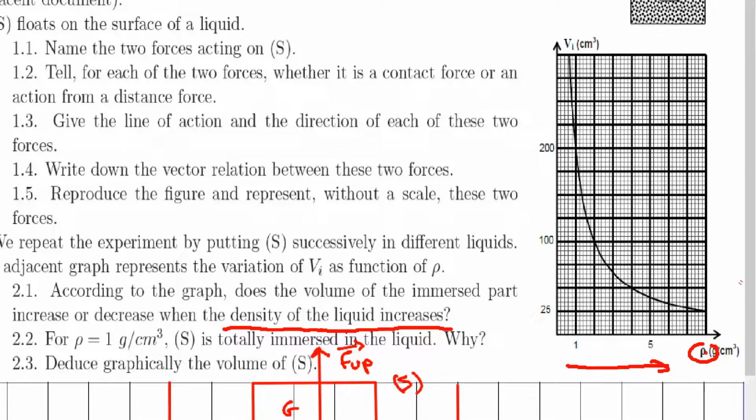As rho increases, so this is the curve that relates the value of rho to Vi. We can notice that Vi decreases as rho increases, because these are the values of Vi. So here it's 200, here it's 100, and here it is 25.